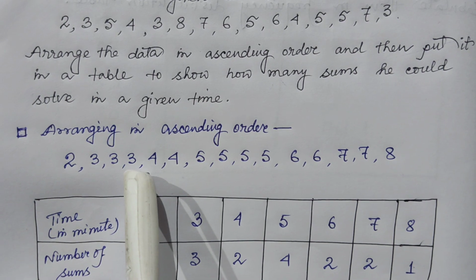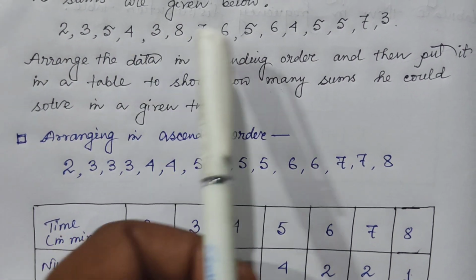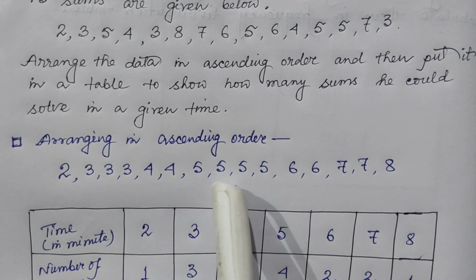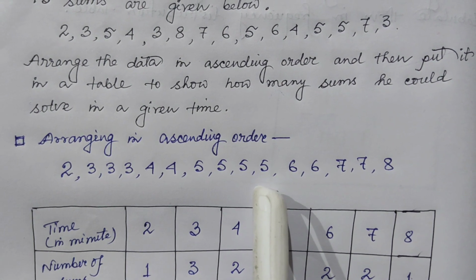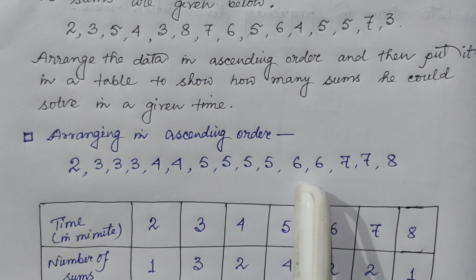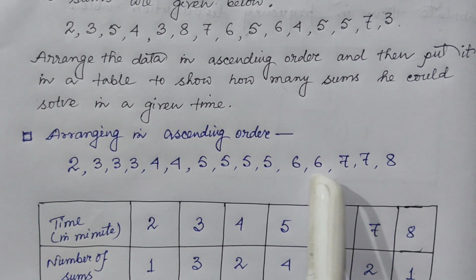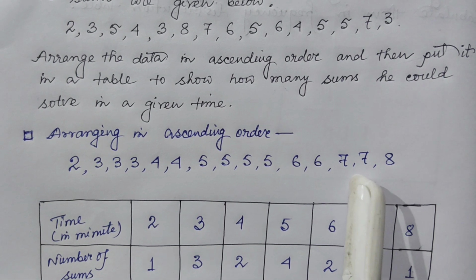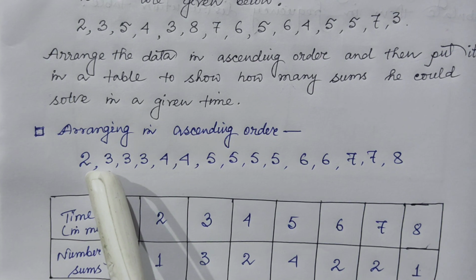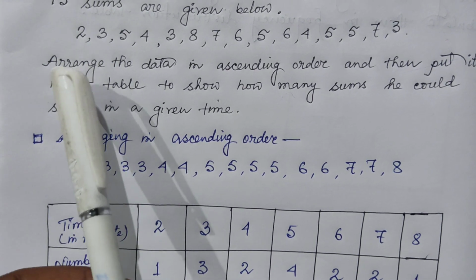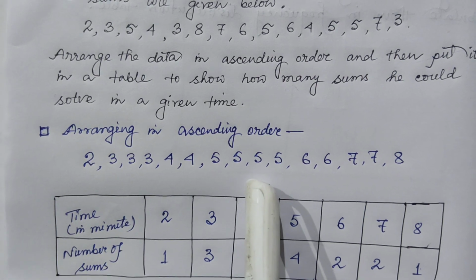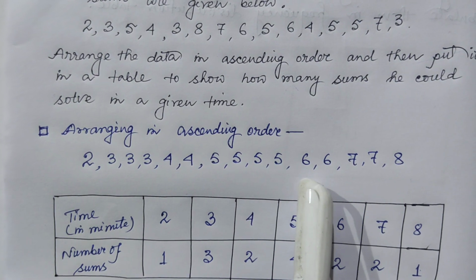How many 4's are there? 2. Next, how many 5's are there? Four 5's. 1, 2, 3, 4. Next, how many 6's? Two 6's. Two 7's, one 8. So the given data is arranged in ascending order.